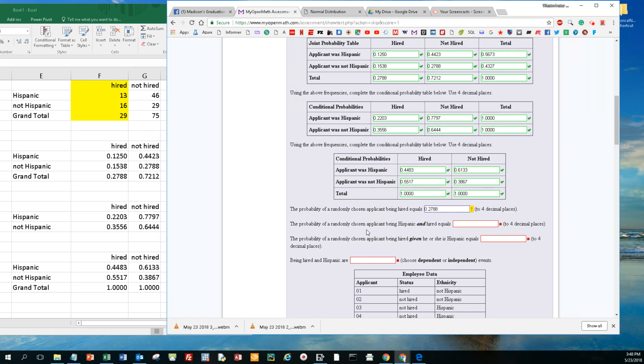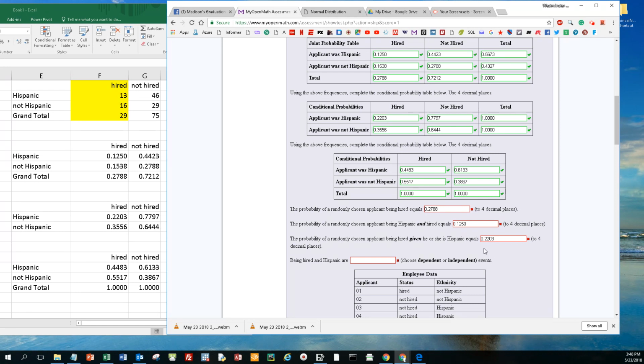So the probability of a randomly chosen applicant being hired and Hispanic is that value. Down here, the probability of a randomly chosen applicant being hired given he or she is Hispanic. So given he or she is Hispanic, we're in this row here, the probability of that person being hired is 0.2243.